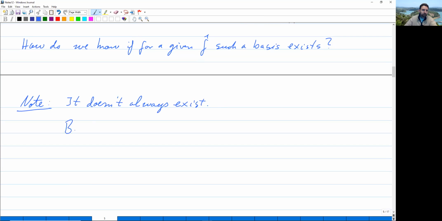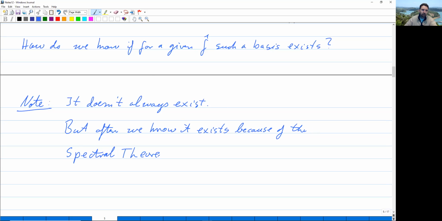But often we know it exists, that is to say such an eigenbasis exists, because of the spectral theorem for self-adjoint operators.